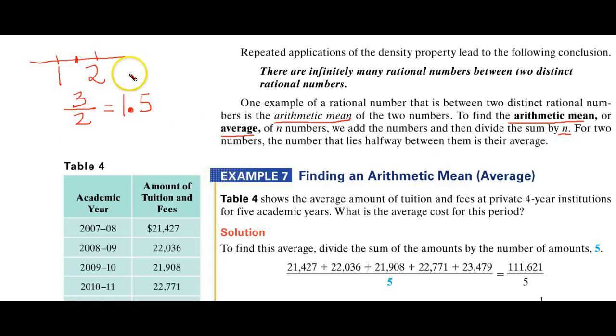Now, they're not going to give you an easy one like this, or maybe, but let's look at finding the arithmetic mean of these numbers here. So we have 1, 2, 3, 4, 5. We add them up, and we're going to divide by 5. That's how we find the arithmetic mean, or the average.